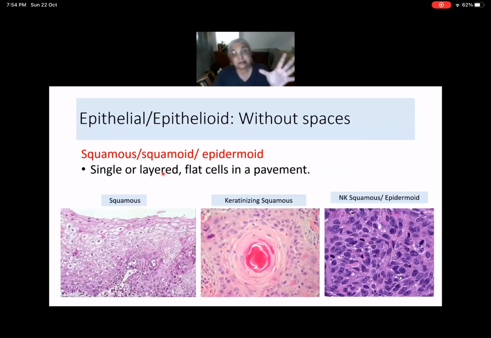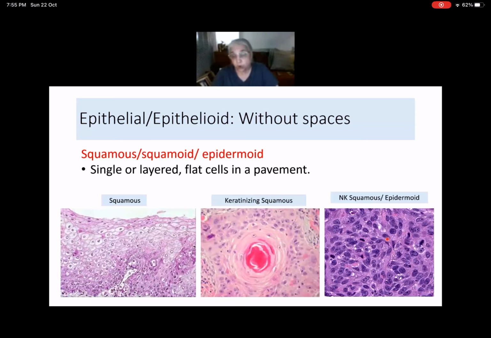Now, there are epithelial structures and epithelioid structures without spaces. And you know that squamous is a single or layered structure with flat cells in a pavement. That is the meaning of squamous, pavemented. Okay, and there you are. There are no spaces here. Then you have keratin that comes up, and here this is squamous.